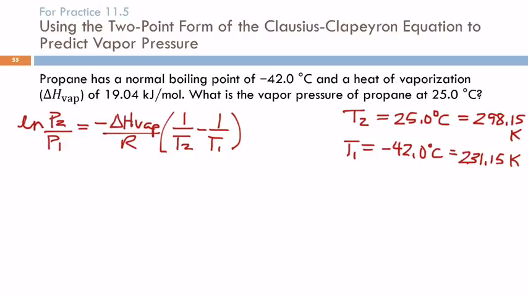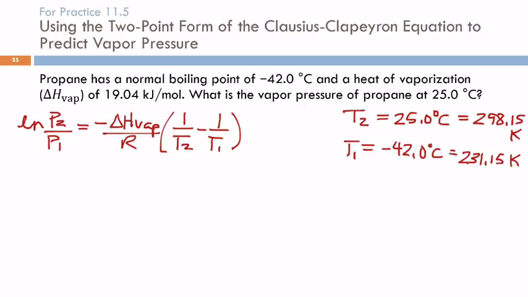They gave us heat of vaporization. They didn't give us the vapor pressure at the minus 42. What's the relationship between boiling point and vapor pressure? As you heat a liquid up, its vapor pressure increases.